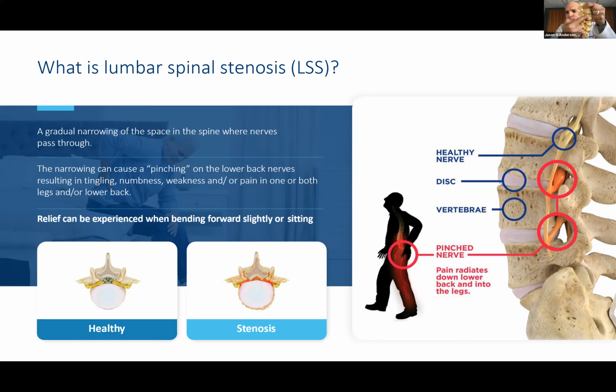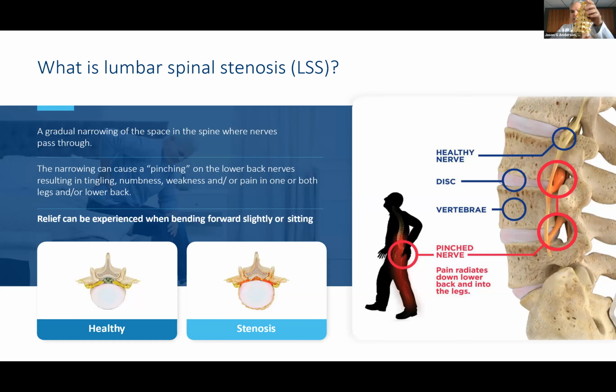We also have holes on the side where the nerves exit, on both sides. And then we have the central canal that runs through the middle. I don't know how well you can see that, but there's this yellow in the middle, that's running in the spinal canal. Now you can have narrowing in the spinal canal either in the central canal, or where the holes are where the nerves exit.